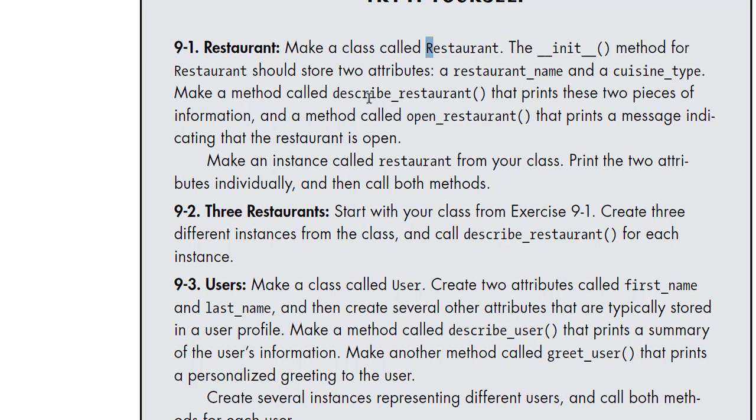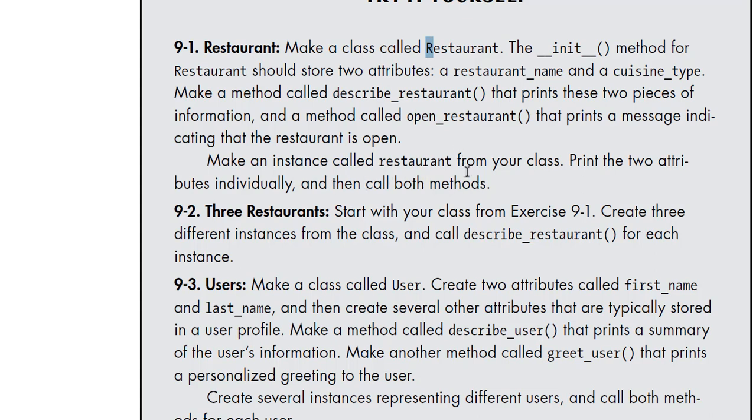Make a method called describe underscore restaurant that prints these two pieces of information, and a method called open restaurant that prints a message indicating that the restaurant is open. And then make an instance called restaurant from your class, print the two attributes individually, and then call both methods.